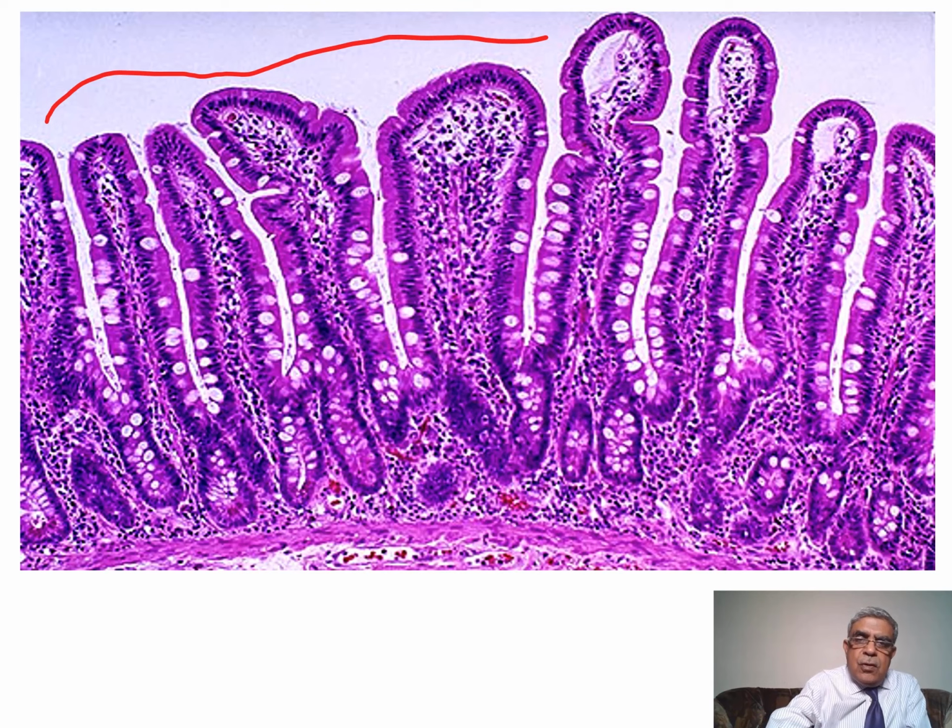You can appreciate the goblet cells, and these are the finger-like processes. Now this histology is very important because its significance you will find in a number of diseases which we are going to discuss later on.